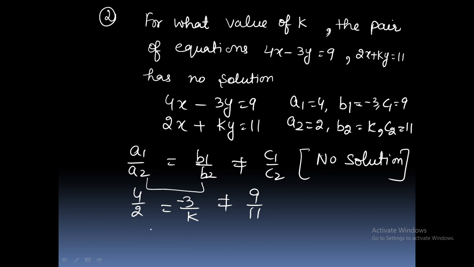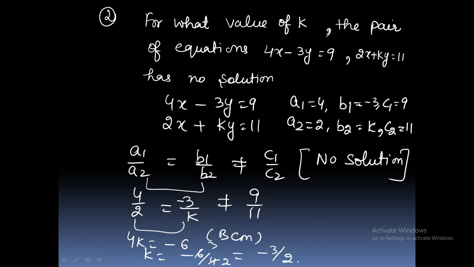For finding k's value, we solve these by cross multiplication. We will find 4k is equal to minus 6 and k is equal to minus 6 by 4. 2 2s are 4, 2 3s are 6, so minus 3 by 2 is the answer.